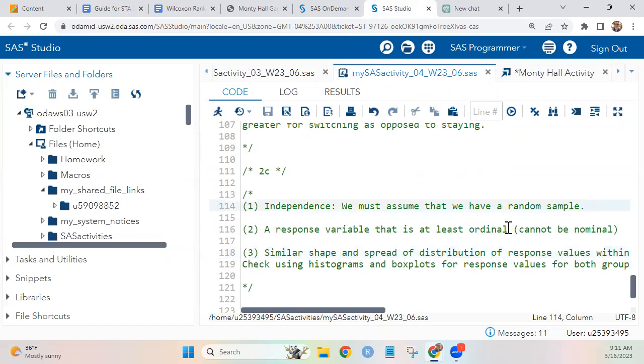So we need a random sample, so we can assume that's met here. The Wilcoxon rank sum test does not need a continuous quantitative response variable. It just needs it to be at least ordinal, actually.